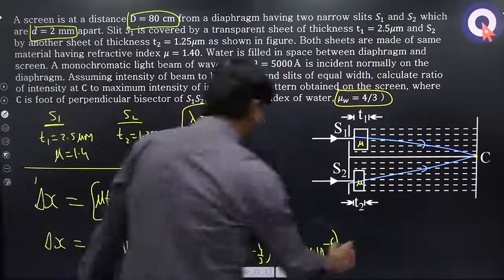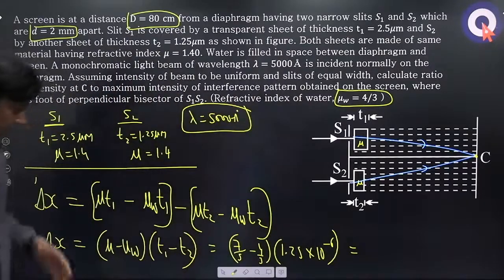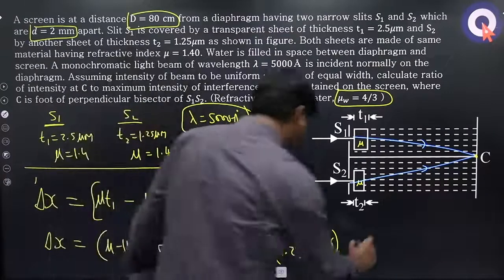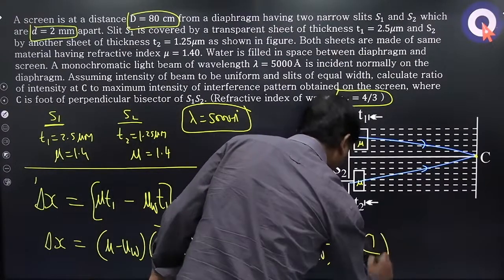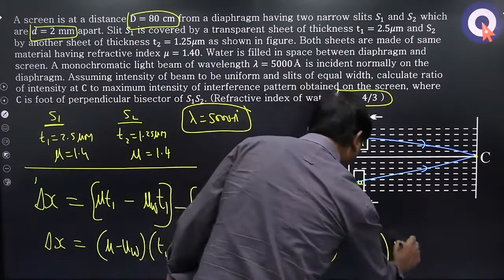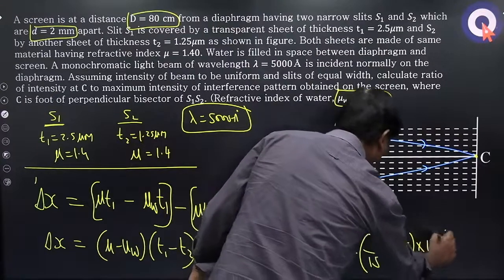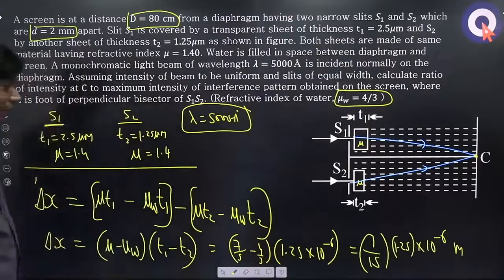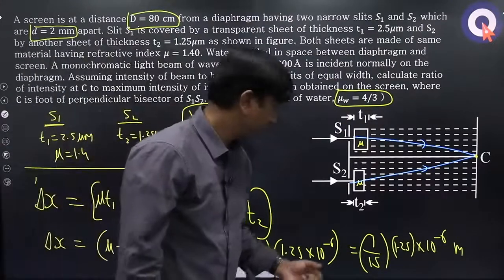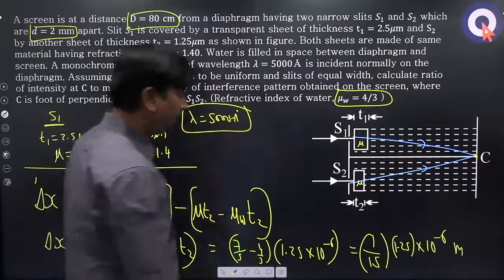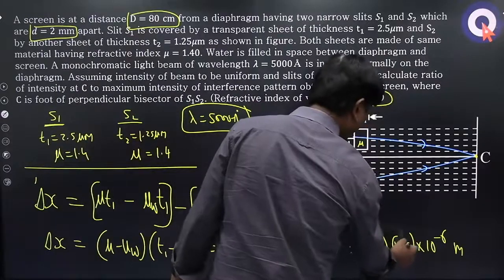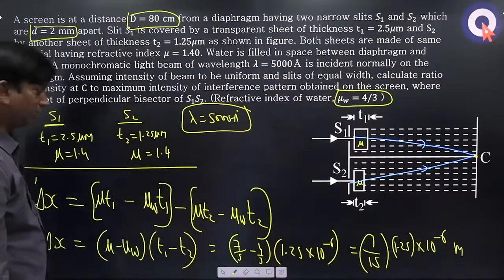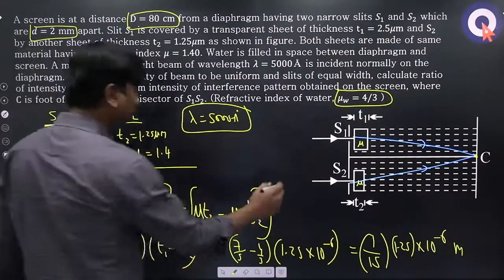So we get this answer as (7 by 5 minus 4 by 3), which is 1 by 15, into 1.25 into 10 power minus 6 meters. That is the path difference, right? Any other simplification? So delta x you got.